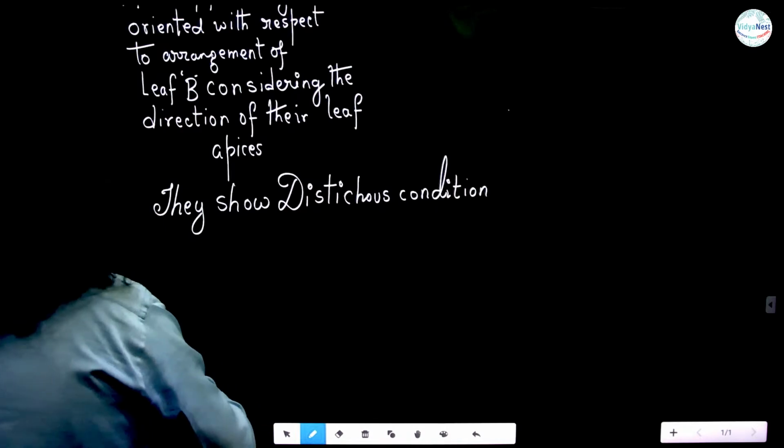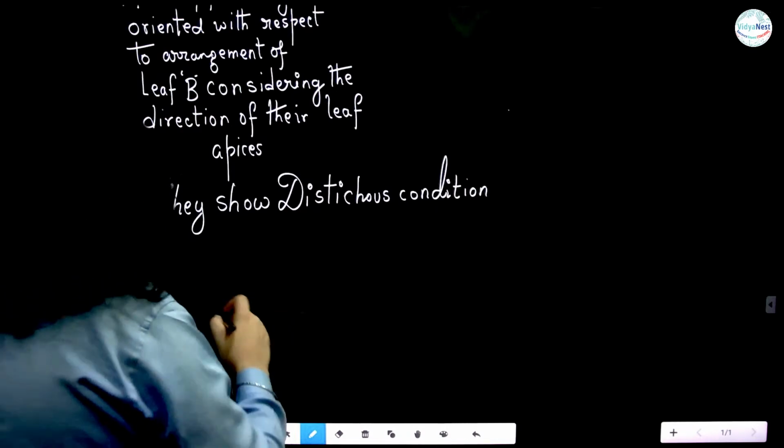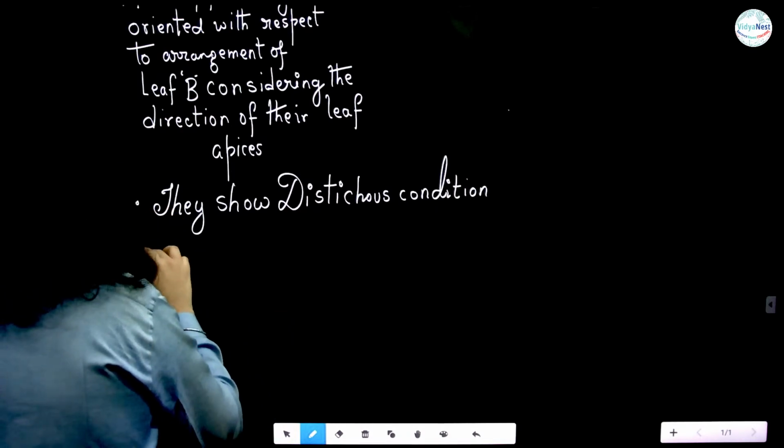The arrangement of the leaves is spiral, so it is also known as spiral phyllotaxy.